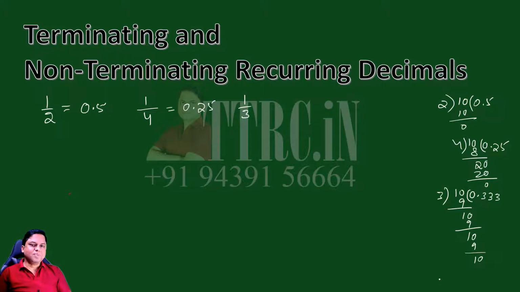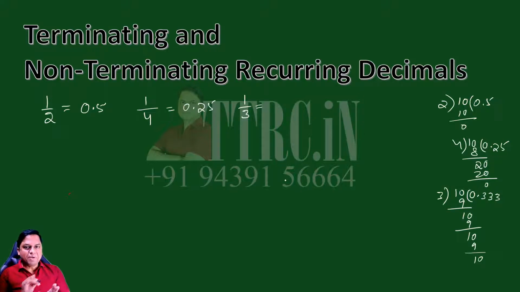Clear? So one type of decimal is the terminating decimal, where we know the number of digits and its value. In our first case it is only 1 digit and the value is 5. In the second case only 2 digits and the values are 2 and 5. And in the third case, 1/3, we don't know the number of digits, but we know its value, that is 3.